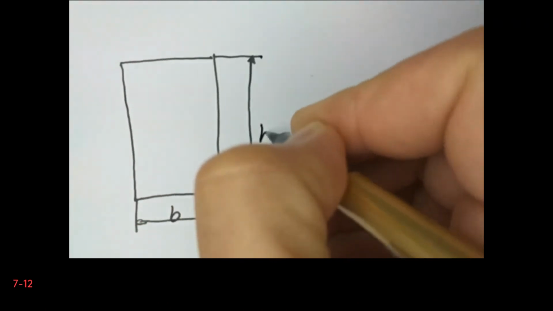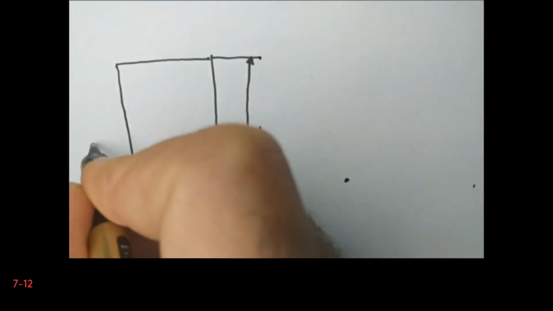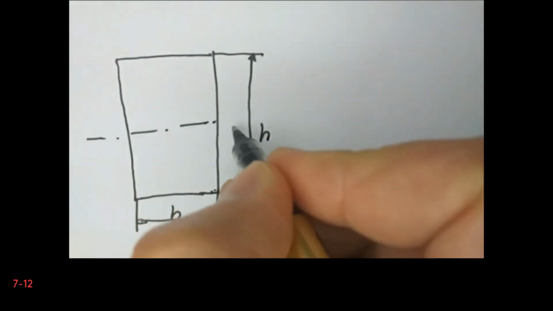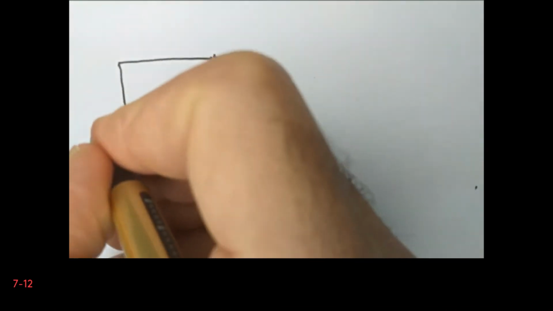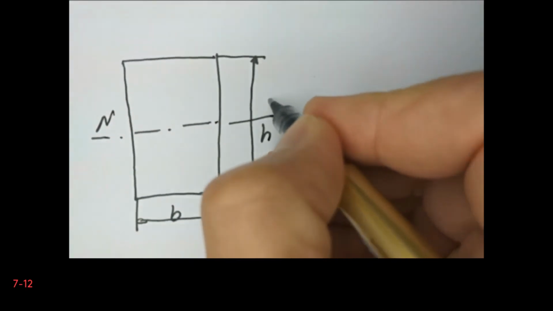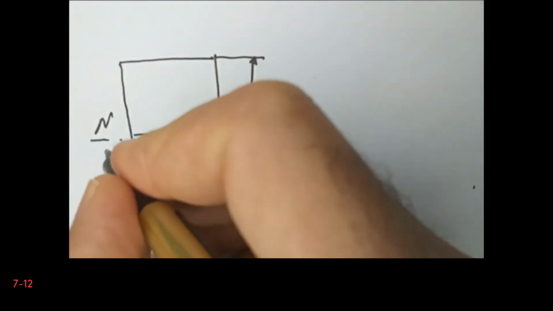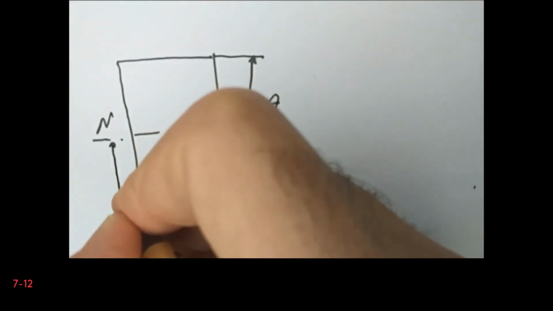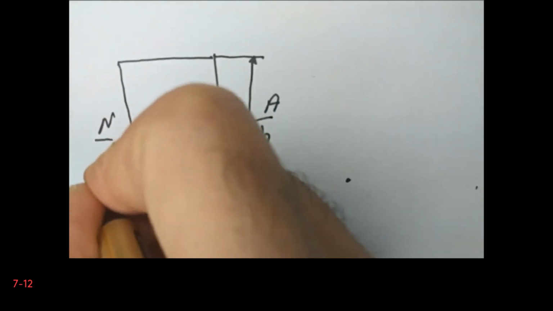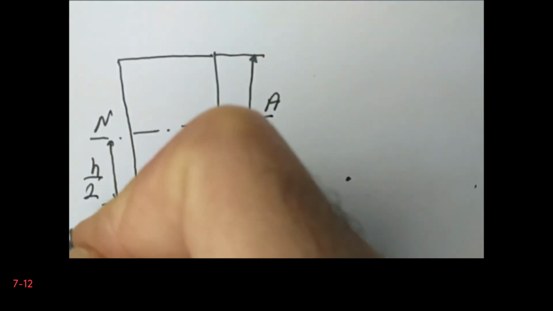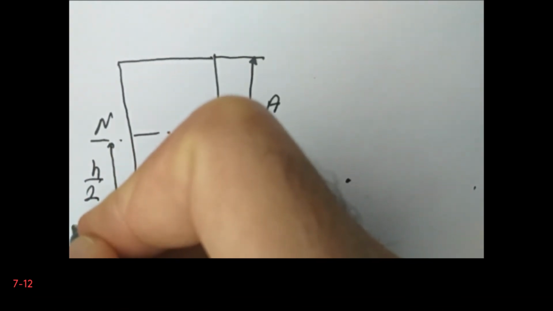Neutral axis is just at the center and it has a distance of h divided by 2. So let's define the variables. h is 0.2 meters and width b is 0.2 meters.